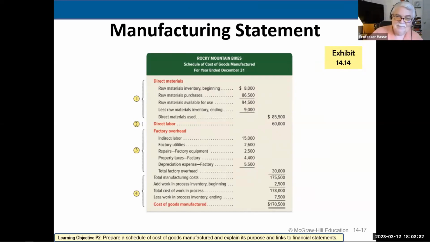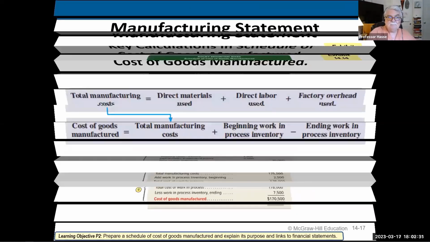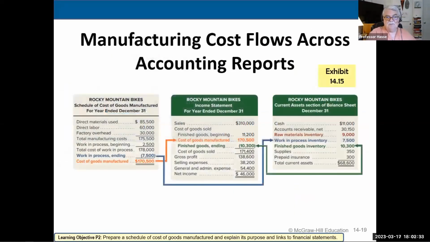Okay, but see how all this data can tell us a lot of things, and that's the good thing about that. And more definitions. Notice this is a nice thing because it's taking the cost of goods manufactured of $170,500, and it's now putting it into the cost of goods sold section on the income statement.